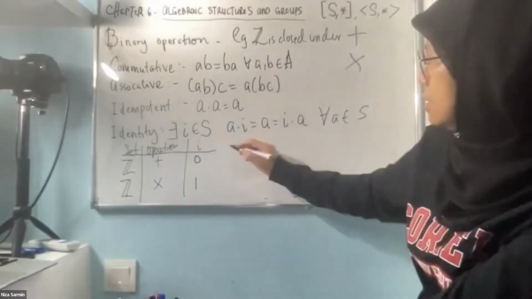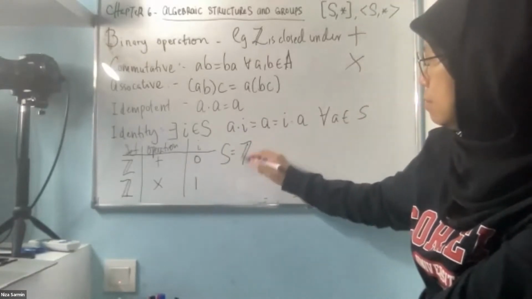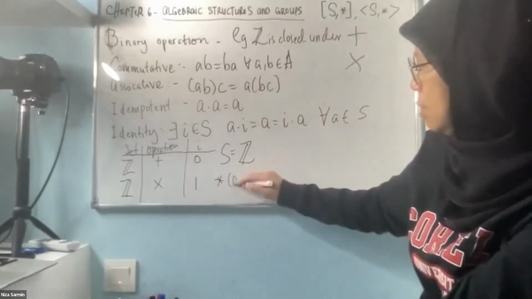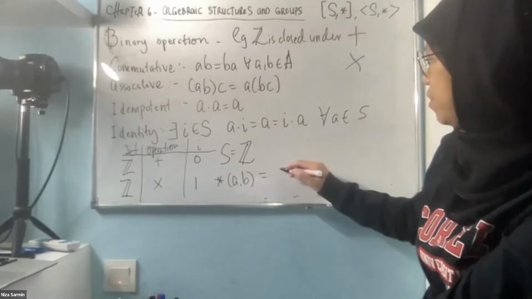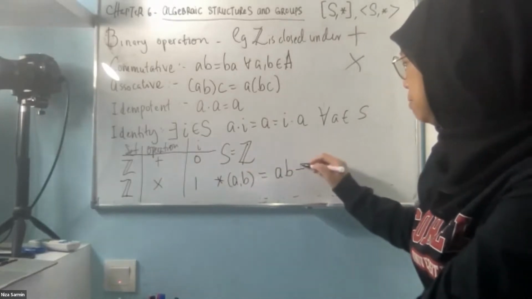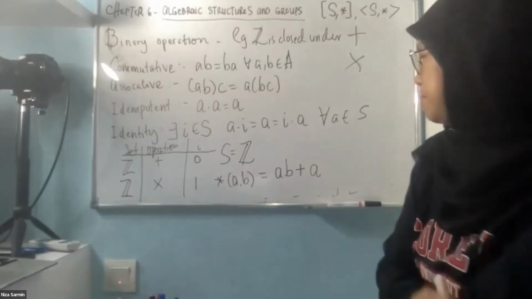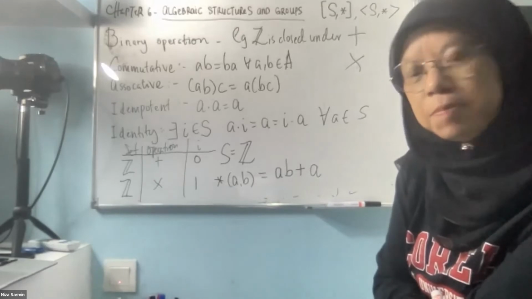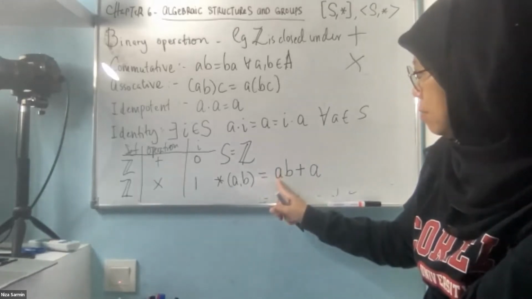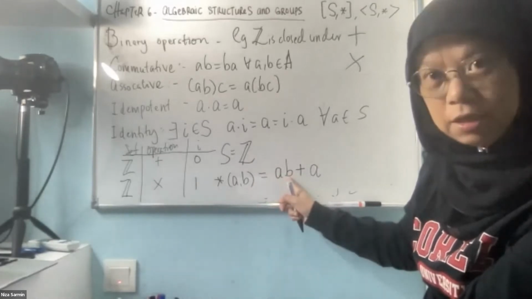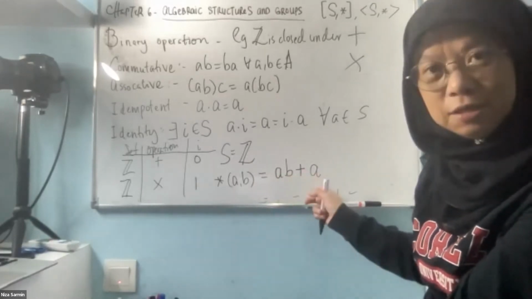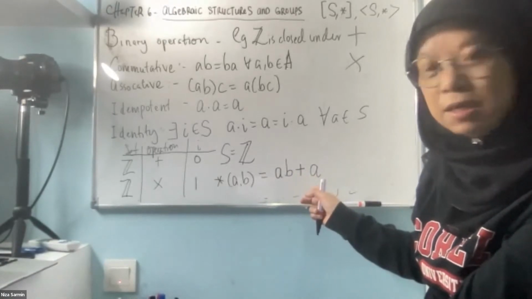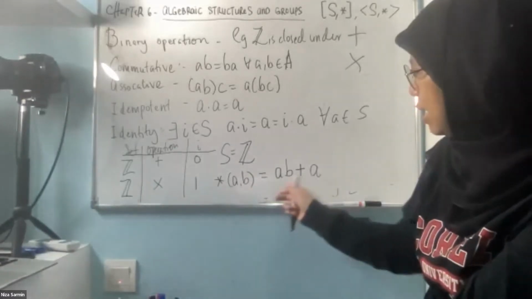Suppose S is Z, and the operation on A, B in S is defined to be AB plus A. This is an integer multiplied by an integer, plus another integer, which is an integer, so this is closed. It's a binary operation.